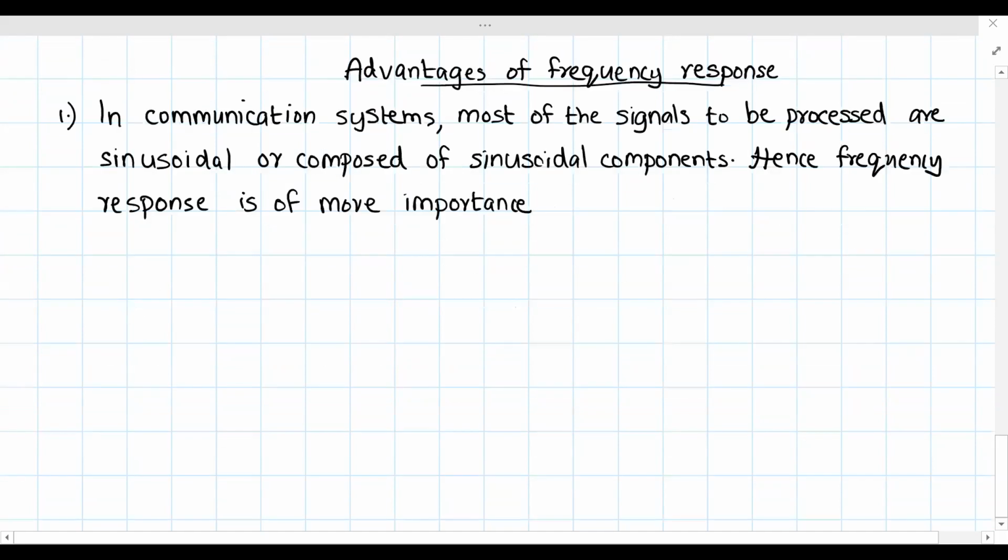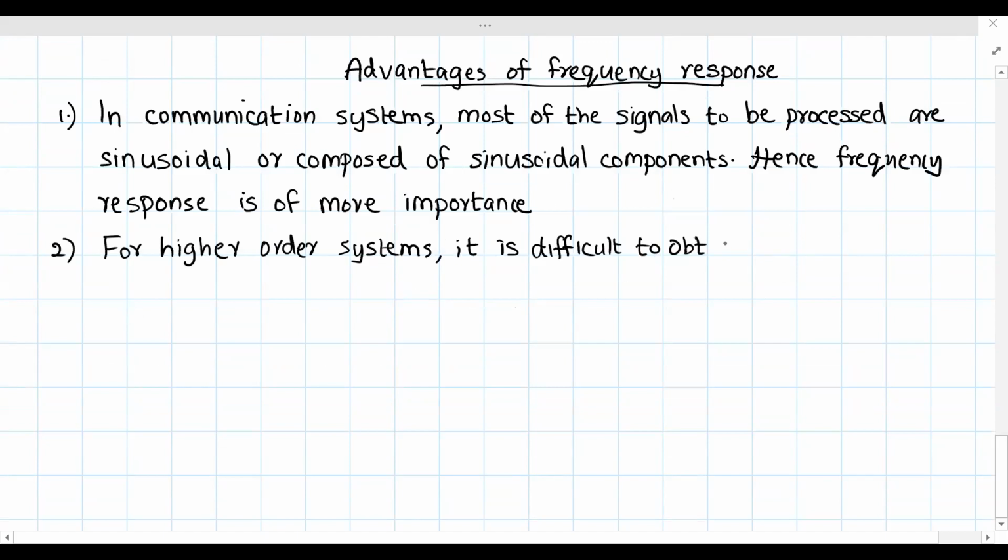Then, for higher order systems, it is difficult to obtain the time response analytically.